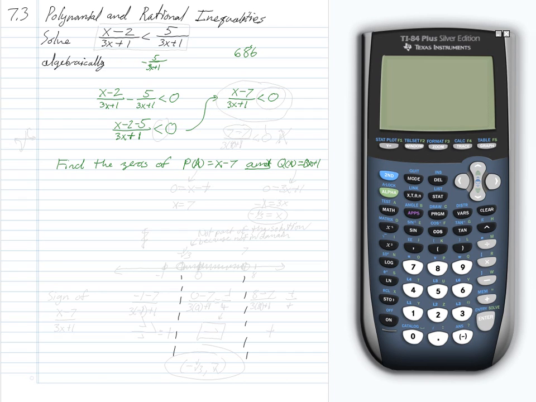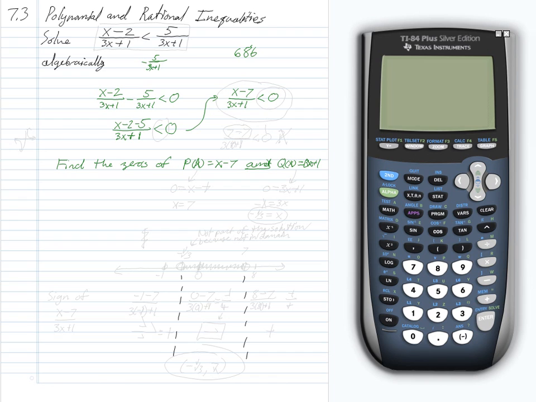Now those zeros are critical numbers. The zeros of the numerator are zeros of the whole function. You can verify that once we find them. And the zeros of the denominator, we saw in the last section, are either holes or vertical asymptotes. Now our rational functions, as we saw in the last problem, can change their sign.